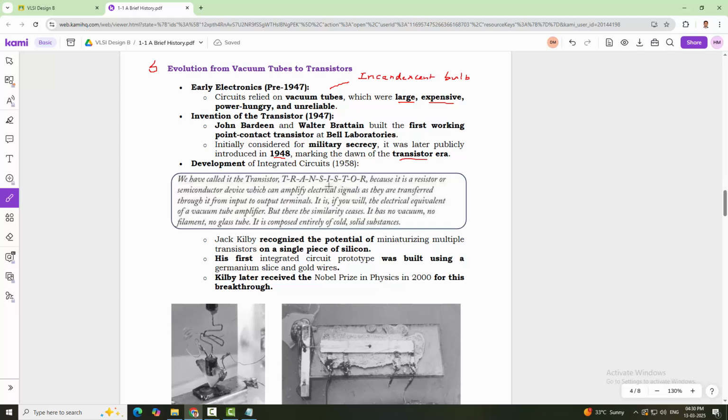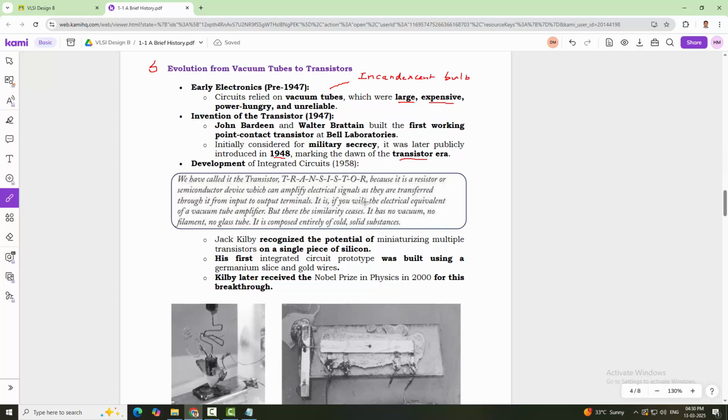So Bell Laboratories in 1948 made this announcement, saying that they had invented a transistor, which is nothing but a resistor, where the electrical signal is transferred from input to output terminal and the signal is strengthened by doing that.